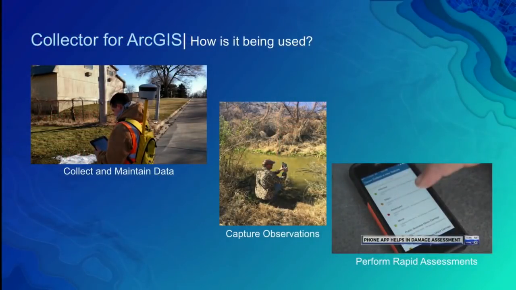So how is Collector being used today? Well, when we started to build it, we thought about the top left use case that you see here. Really being able to collect new information, kind of fill up the coffers of your GIS database, and update that existing information you might have to make sure that it's accurate and it's the most current data that you can manage inside of your GIS.